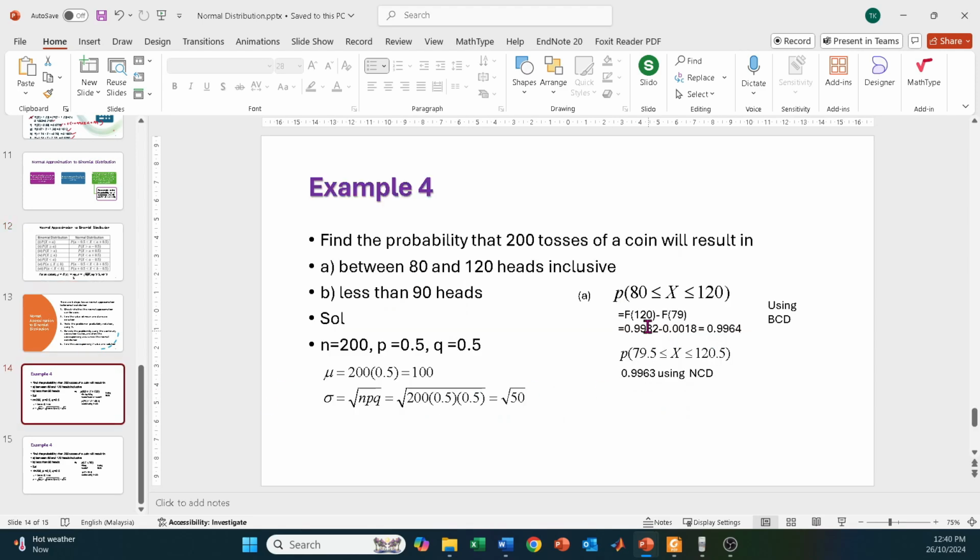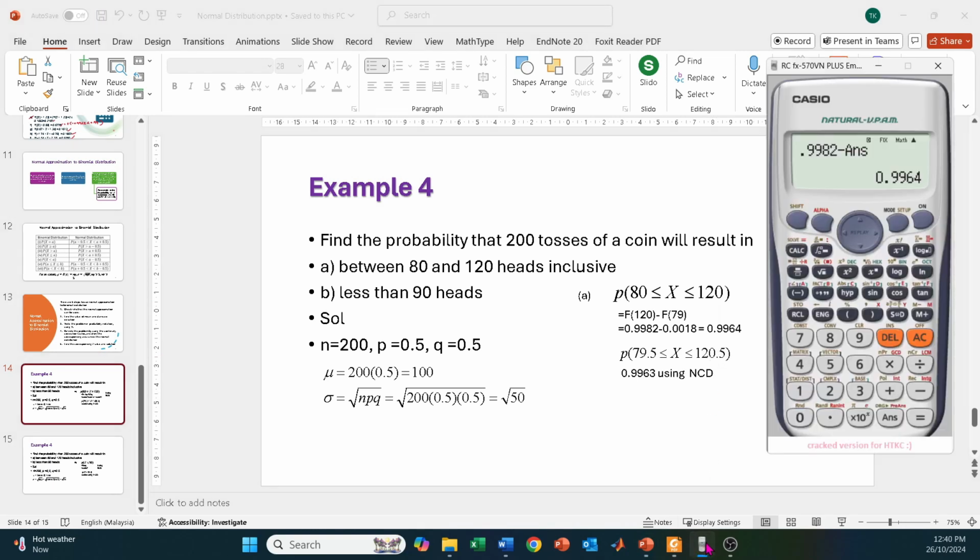Hence for inclusive 80, this is 80 minus 0.5, which is 79.5, and 120 plus 0.5 is 120.5. Then we use the normal cumulative distribution.